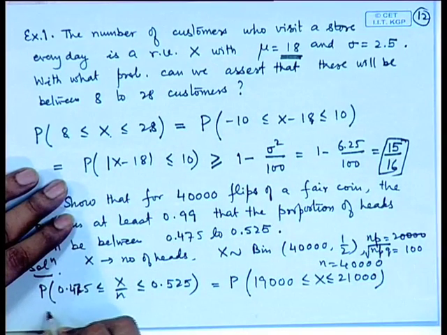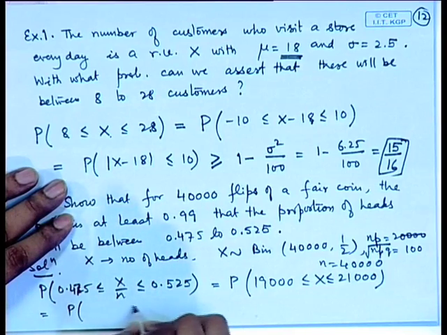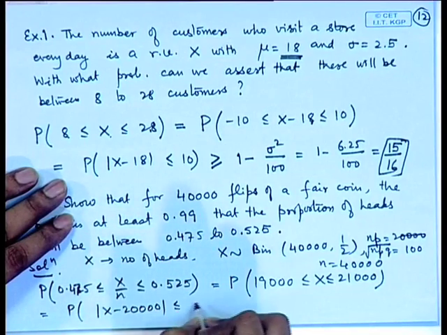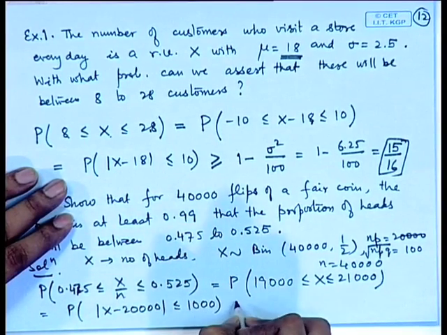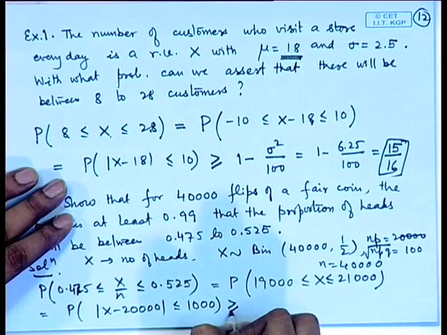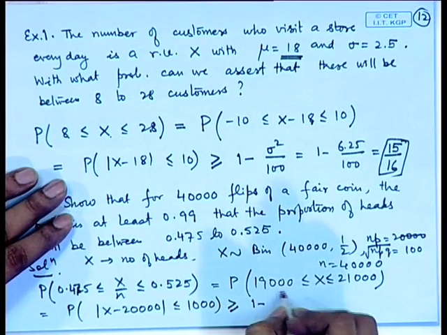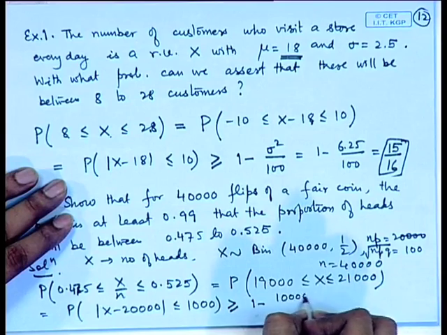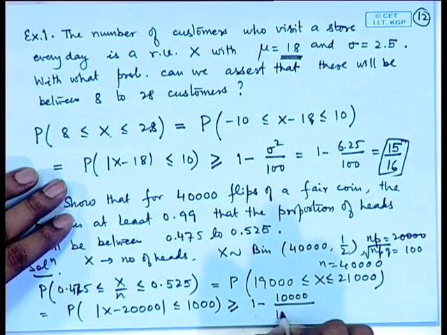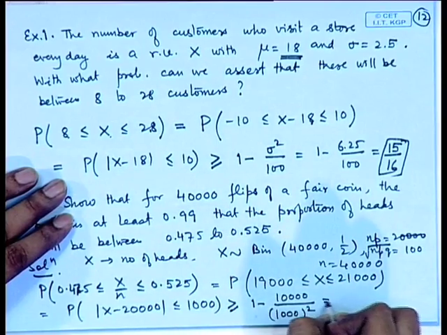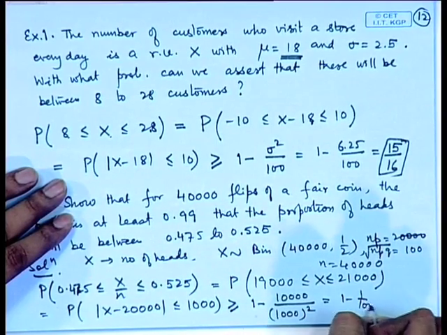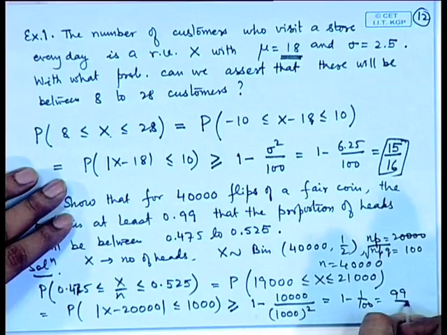So, this probability is then modulus of x minus 20,000 less than or equal to 1,000, which is greater than or equal to 1 minus sigma square by k square, which is 1 minus 1 by 100, that is equal to 99 by 100.